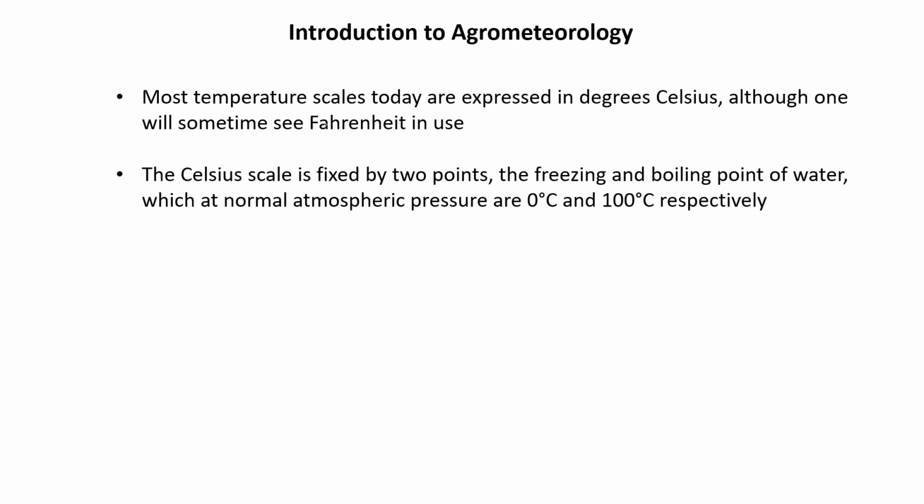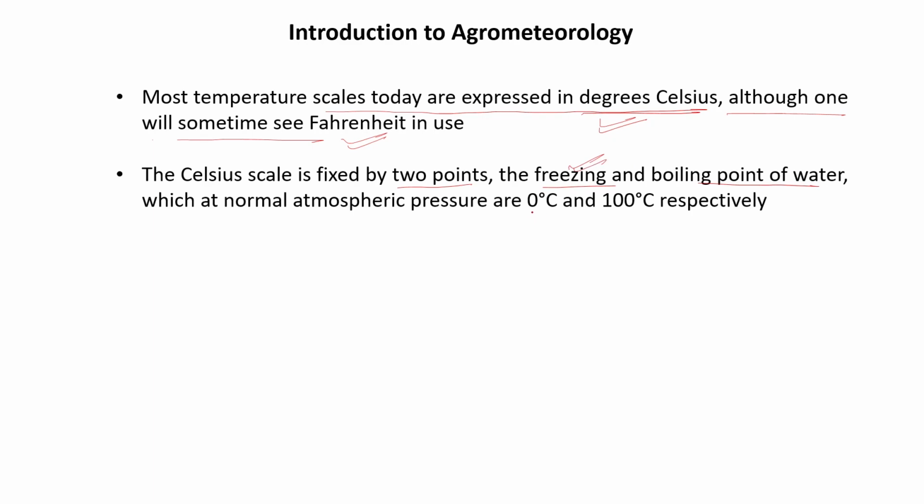Most temperature scales today are expressed in degrees Celsius, although one will sometimes see Fahrenheit also in use. The Celsius scale is fixed by 2 points, the freezing point and the boiling point of water.